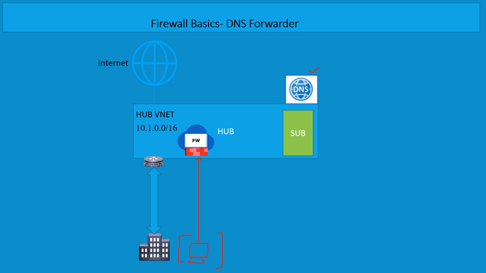Here you can put an entry towards the firewall IP, which is going to be the private IP address. And this connectivity can be your ExpressRoute, or it can be your IPsec site-to-site VPN. And this firewall will proxy towards this DNS zone. And that is a way you can use all the entries here from your on-prem.